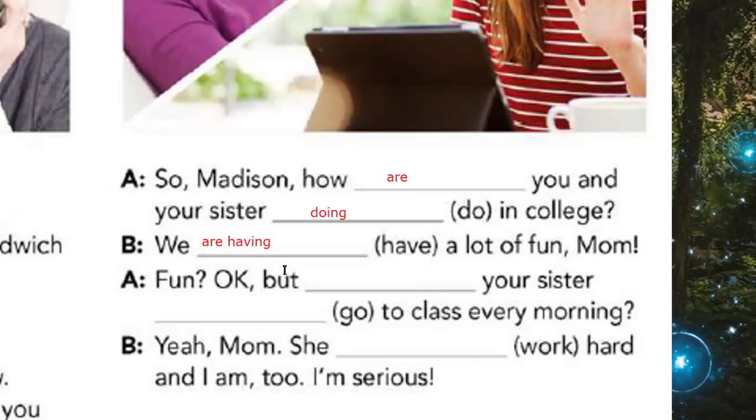We are having. So we won't do this, for example, have and adding ing. No, right. We need to eliminate the letter E when the verb ends in E. Okay, so we are having.